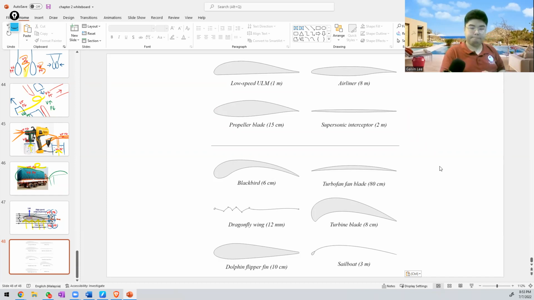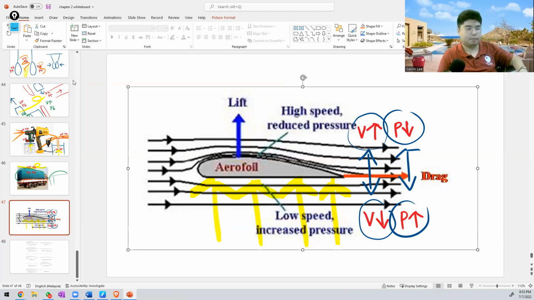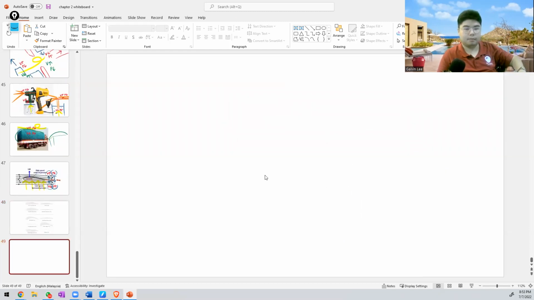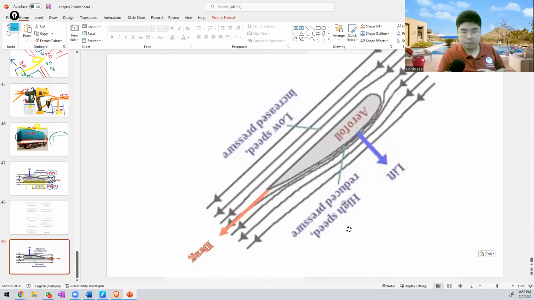Now, once you understand the aerofoil shape, you will also understand the aerofoil shape for an F1 car. What does an F1 car do? Anybody can guess? It moves around a corner with maximum downforce.